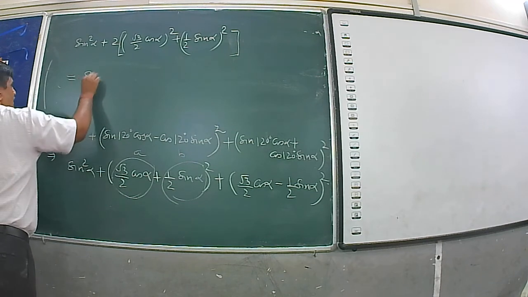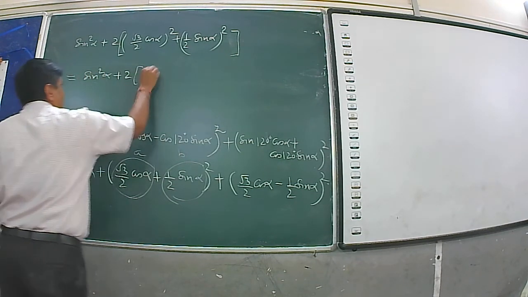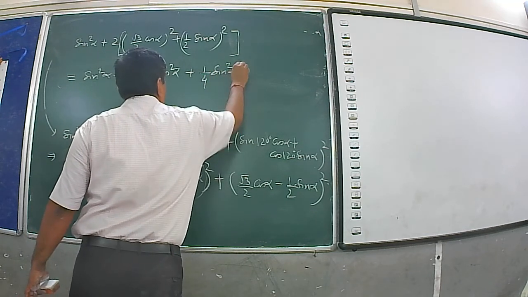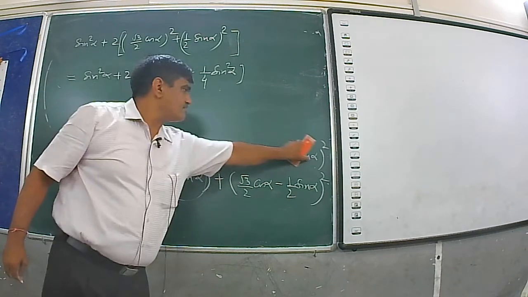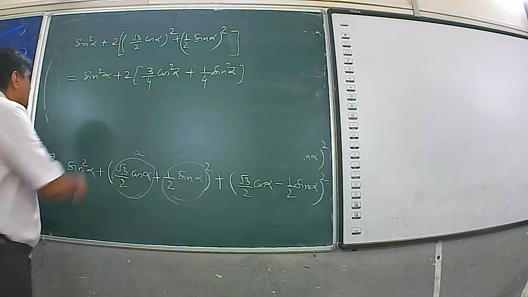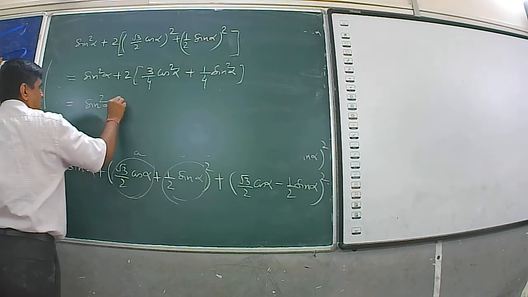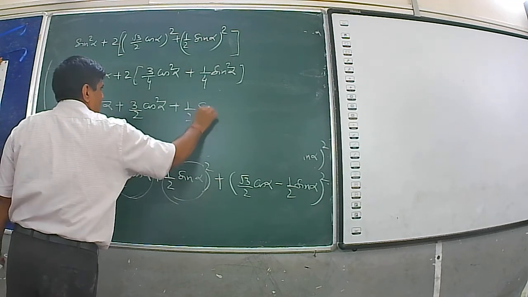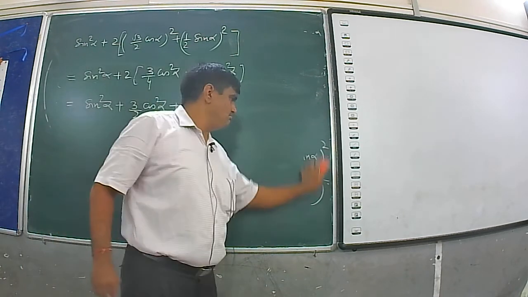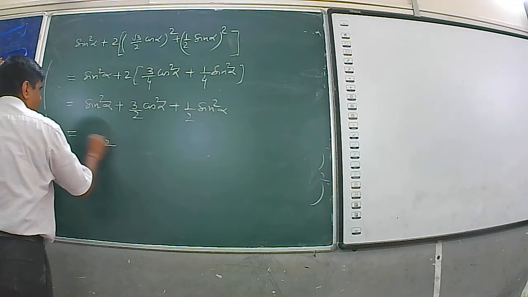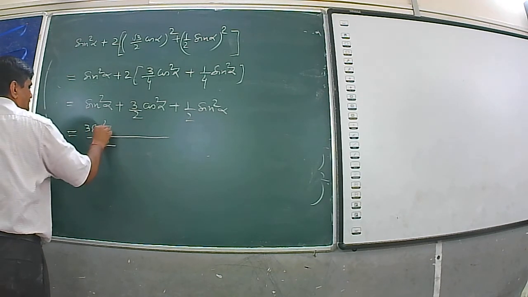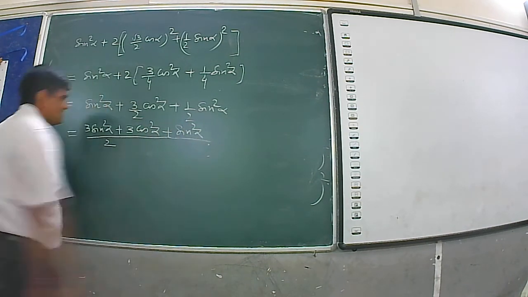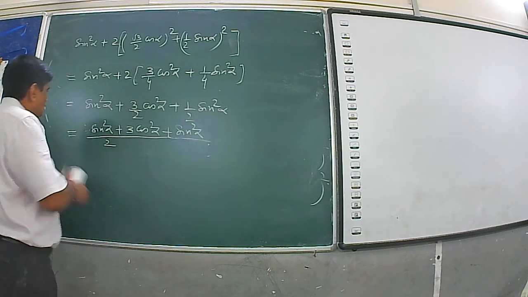And this is equal to sin square alpha, multiply by 2, plus 3 by 2 cos square alpha plus 1 by 2 sin square alpha. 2 is the LCM.